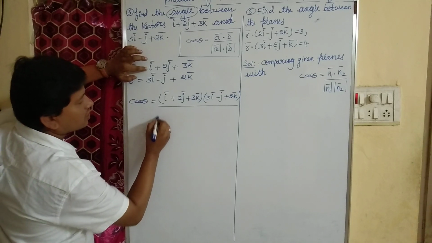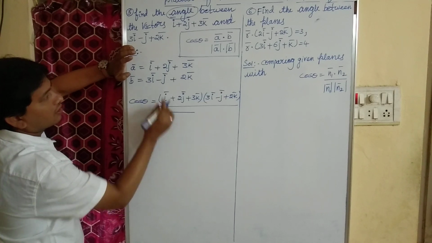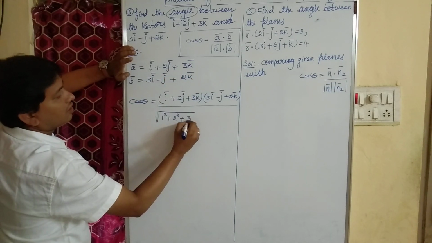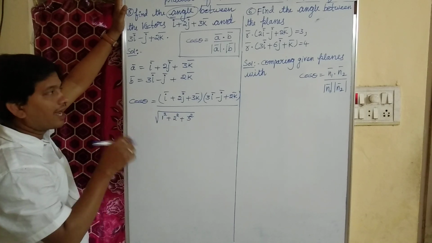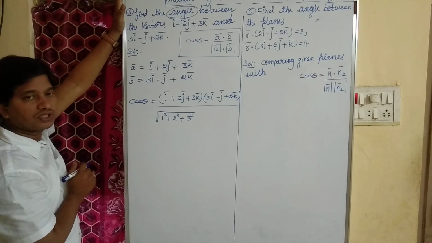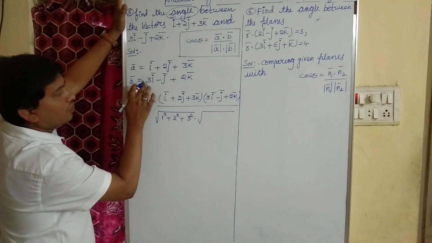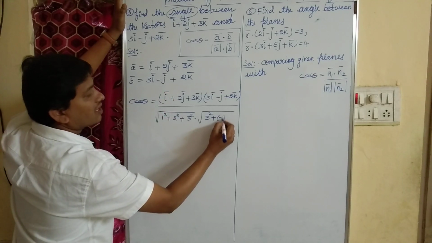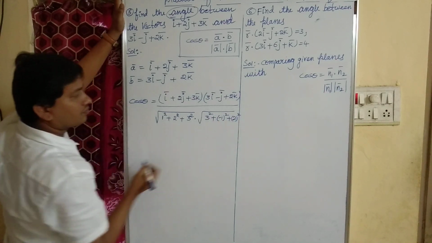Modulo of a bar means square root of i coefficient 1 square, j coefficient 2 square, k coefficient 3 square, right? Into modulo of b bar, i coefficient 3 square plus j coefficient minus 1 whole square plus k coefficient 2 square.